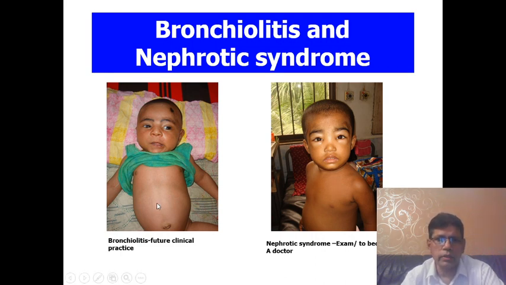And bronchiolitis is also important because when you become a doctor, you will find this case in the hospital most commonly. So you have to learn both: nephrotic syndrome for passing and becoming a doctor, and bronchiolitis for managing the most common case in the hospital after being a doctor.